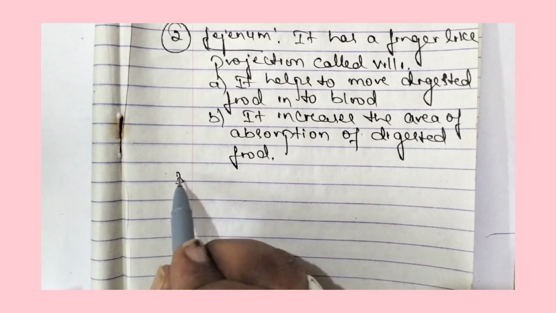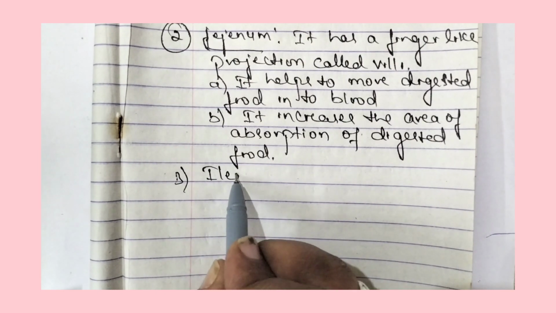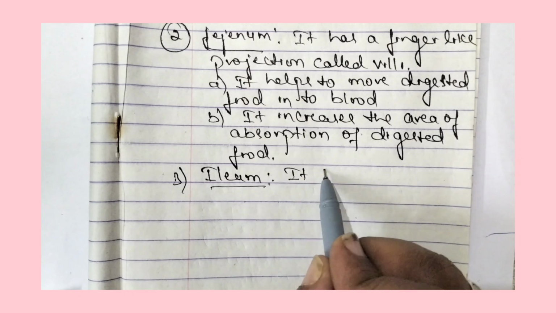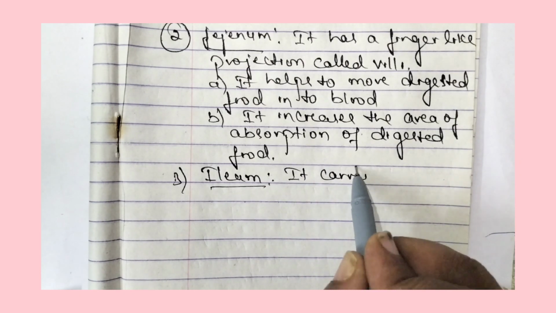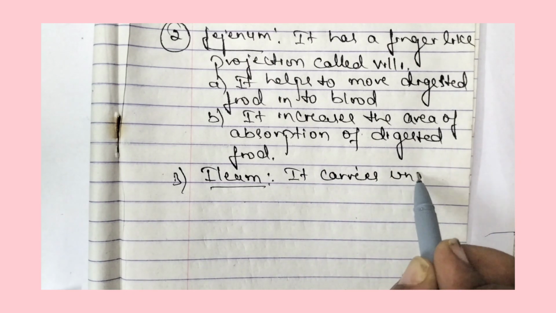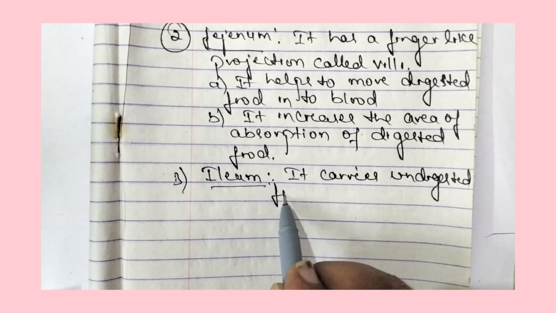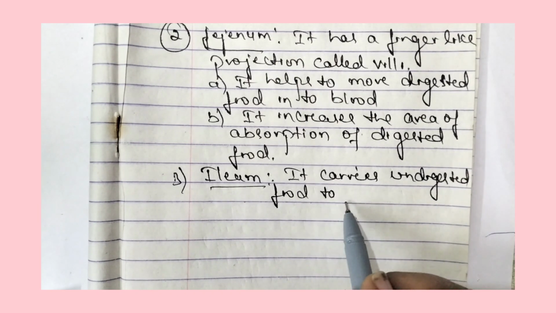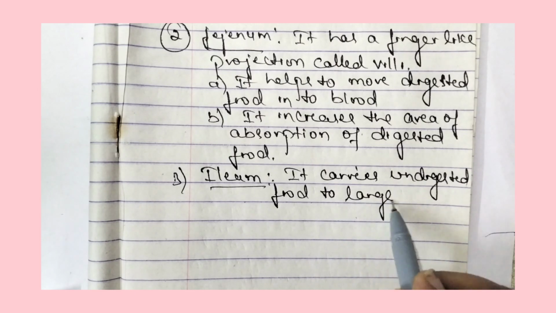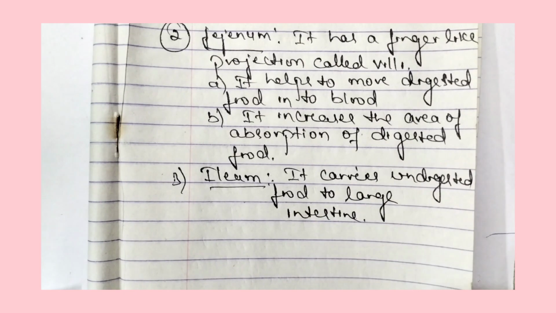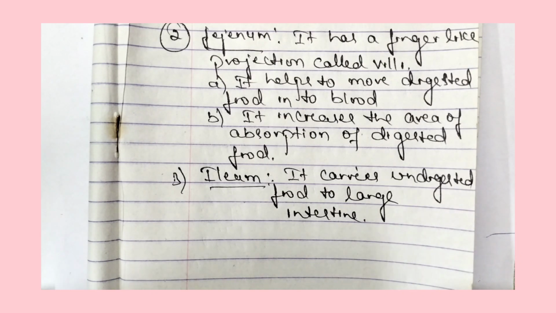Then the third part is called ileum. It carries undigested food to the large intestine. This is how the small intestine will function.